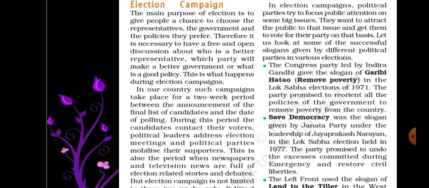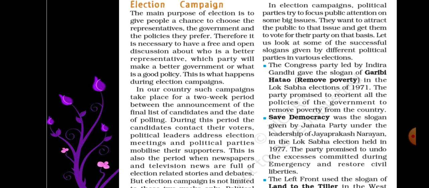Then, once elections are announced, ministers shall not lay foundation stones of any projects, take any major policy decisions, or make any promises of providing public facilities.